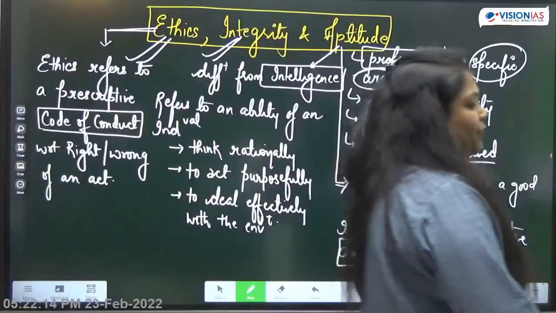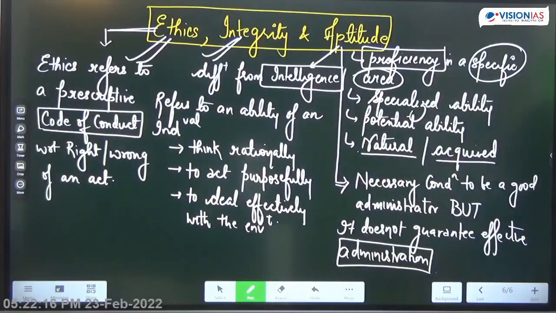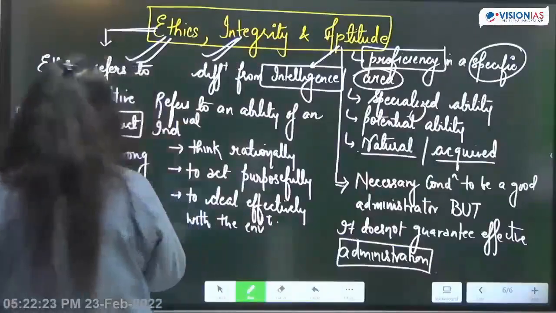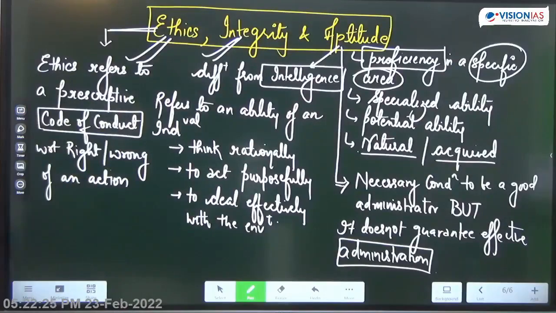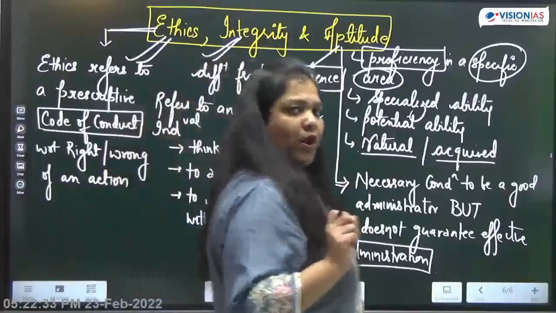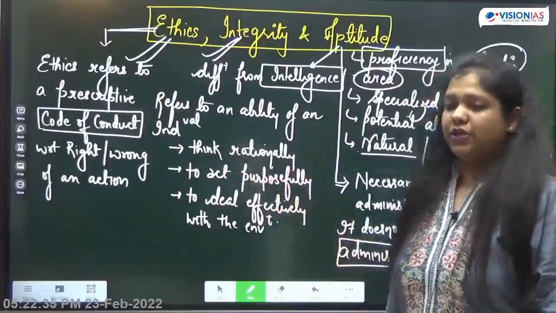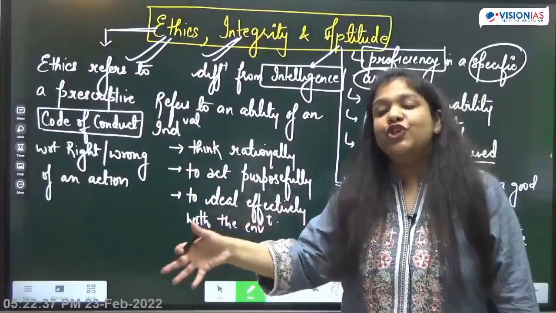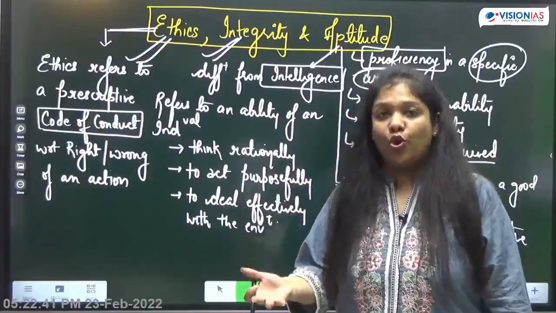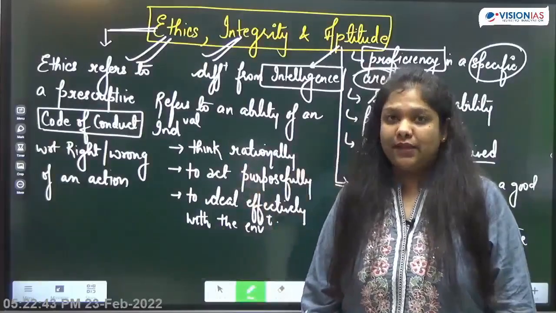Ethics is a prescriptive code of conduct with respect to the rightness and the wrongness of an action. Whatever action you are performing, let's not discuss it now, I'll discuss later. I'm just giving you one interpretation of how we are going to proceed. Whether that action is right or wrong would be determined by the ethics.